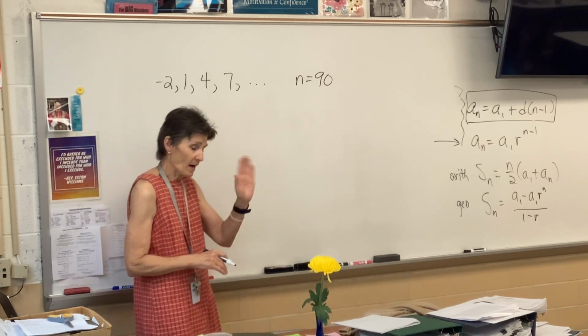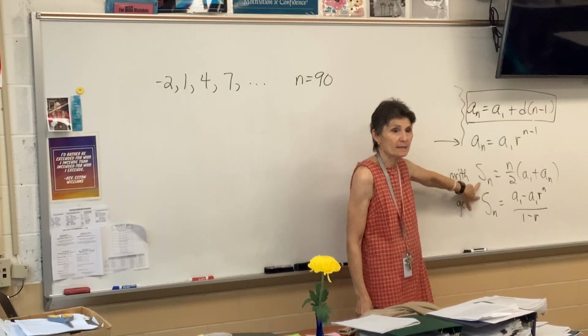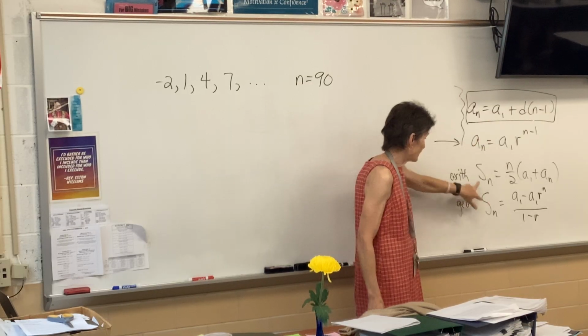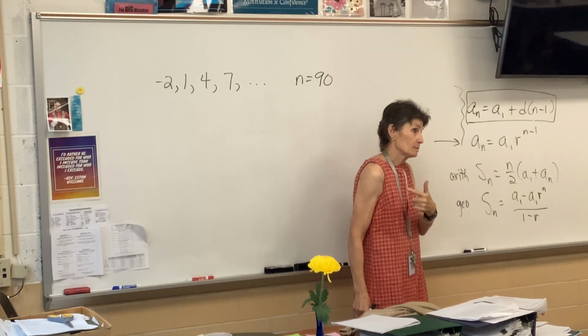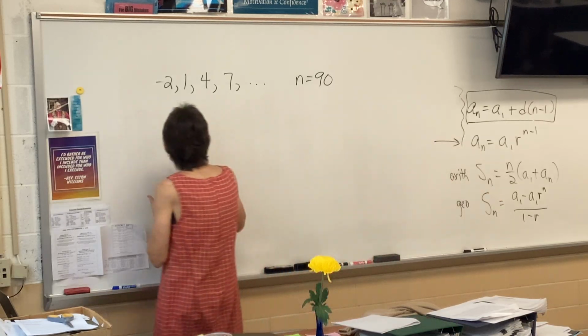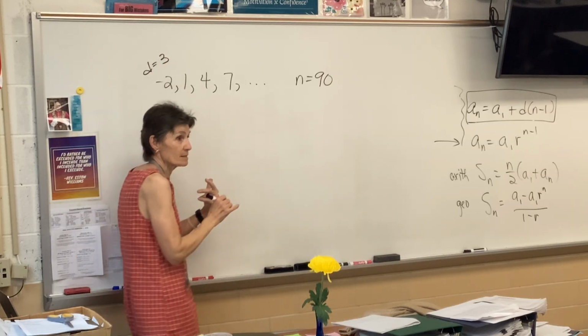So, find the sum. I'm using one of these two formulas right here. Well, how do I decide which formula to use? What kind of sequence I have, right? So what kind of sequence do I have? Arithmetic, and the common difference is 3.